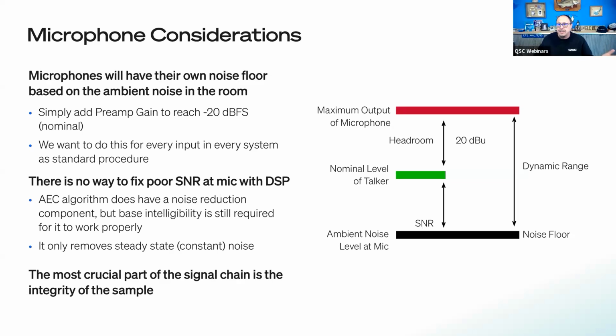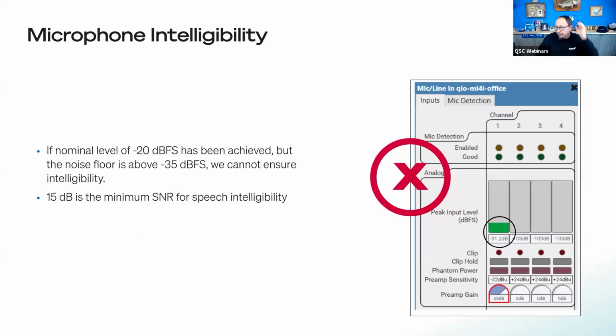If I don't have a noise floor below -35, then I'm going to have issues. If I'm at -31, I only have 11 dB of signal to noise ratio between that input, and that's not going to work. So you're going to have to treat that on the outside.